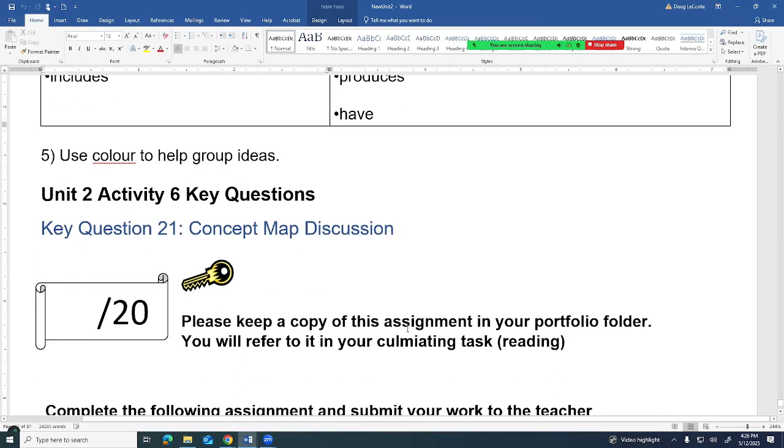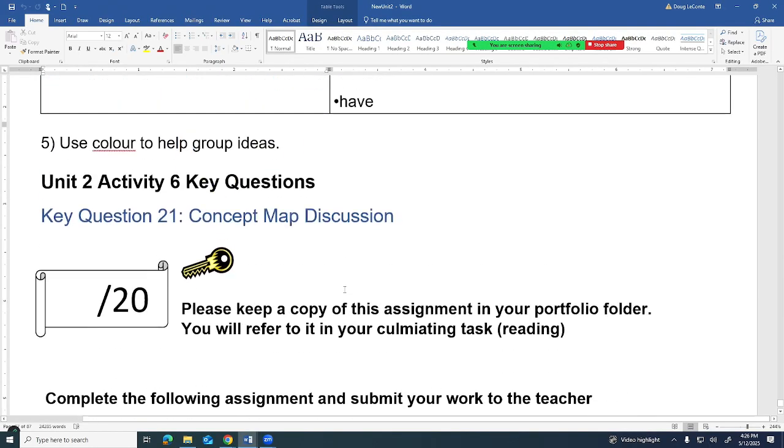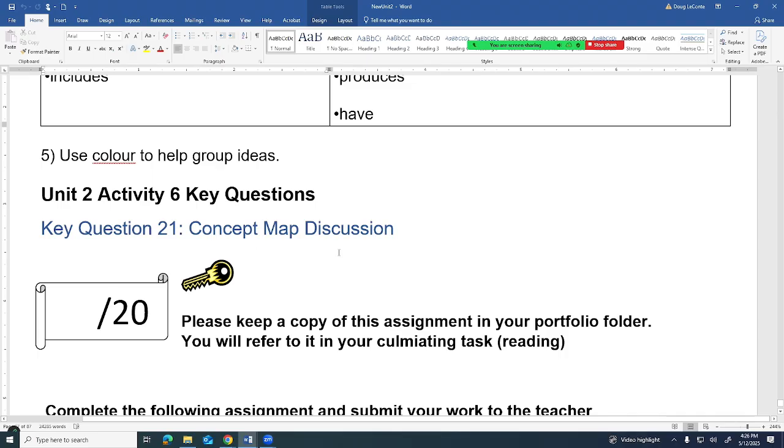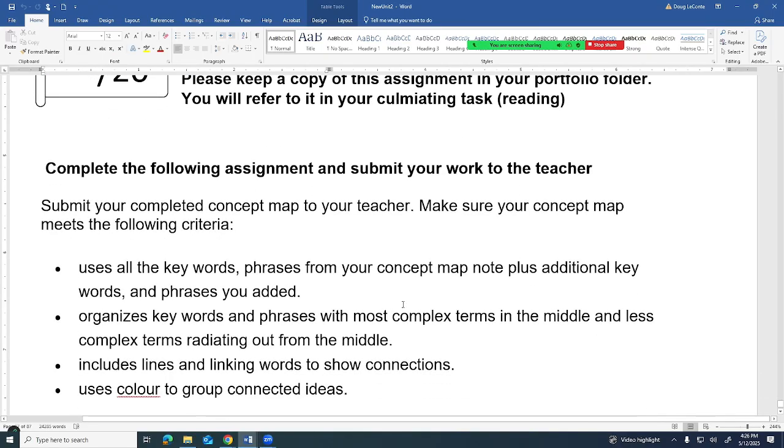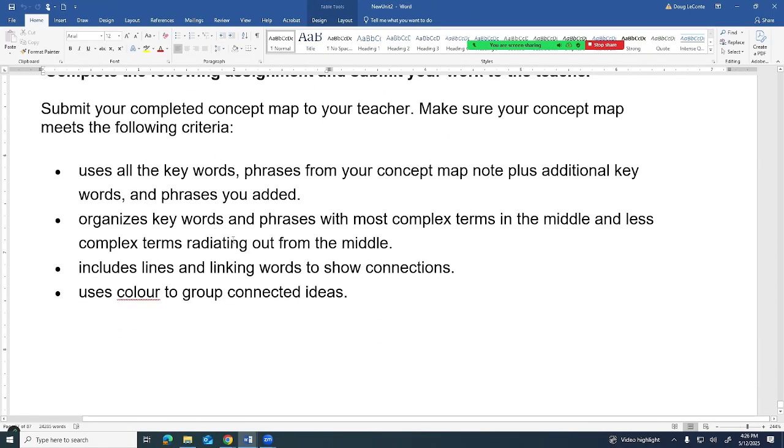And then we have Unit 2, Activity 6, Key Question 21. This is your concept map discussion. So after you have your concept map done, submit your completed concept map to your teacher. Make sure your concept map meets the following criteria.